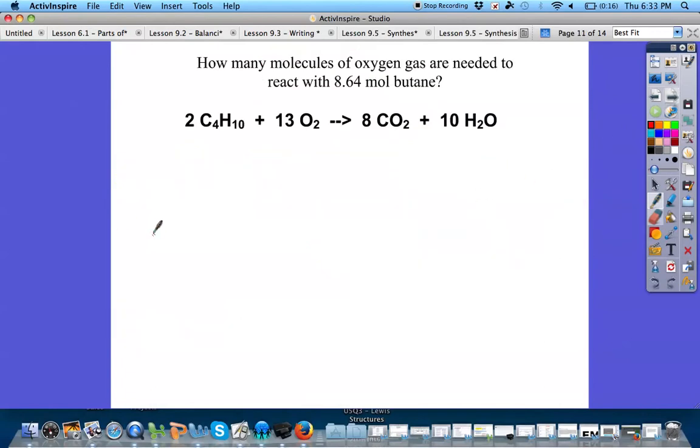And here in our last problem, it says how many molecules of oxygen gas are needed to react with 8.64 moles of butane. That butane is the C4H10. I want you to pause the video, take a look at this, try to set it up, and then come back and you can check your answer.